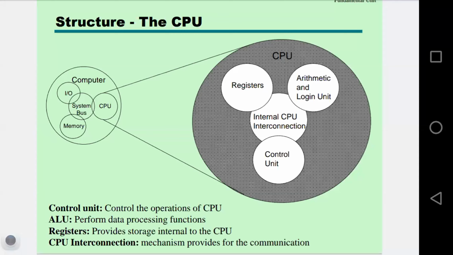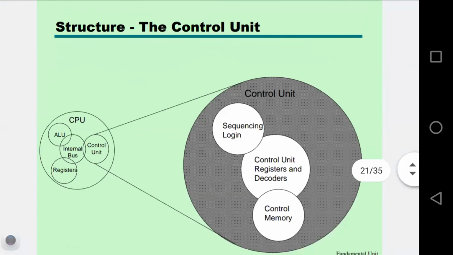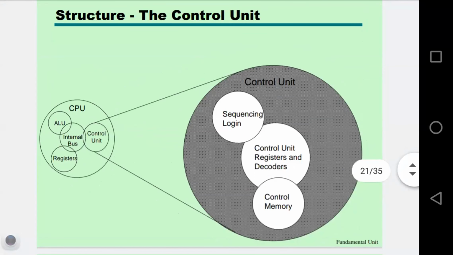So you will find these registers are there, ALU is there, control unit is there, and obviously there is interconnection required among the different components. CPU interconnection means a mechanism provided for the communication, so these different components communicate with each other. Now there is a second component, that is the control unit.